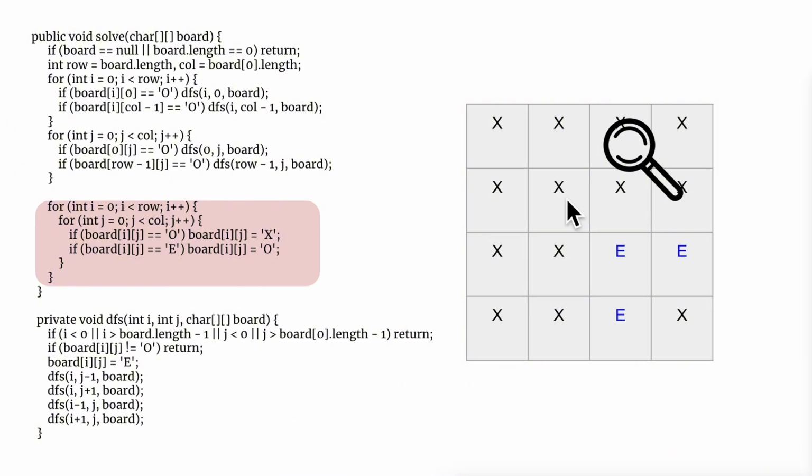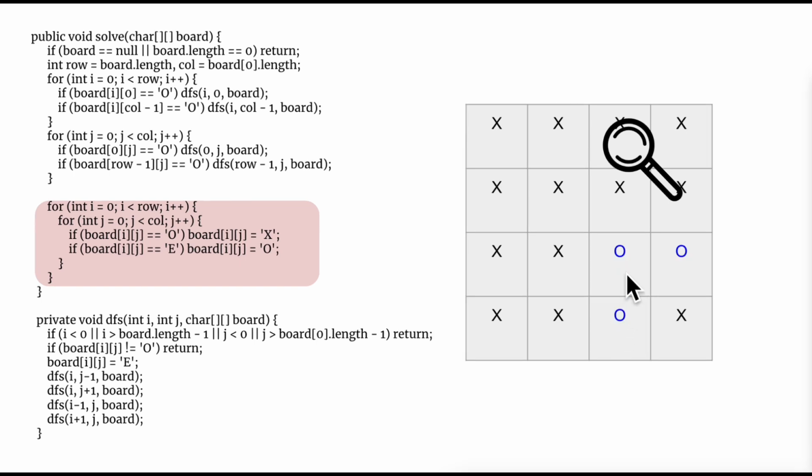And then we change letter O back to X to show that those soldiers can only surrender and change their identity to become soldiers of Army X. If we find an E, it indicates that an Army O soldier can escape from those positions. We then change letter E back to O to show that those soldiers can maintain their identity as Army O soldiers.